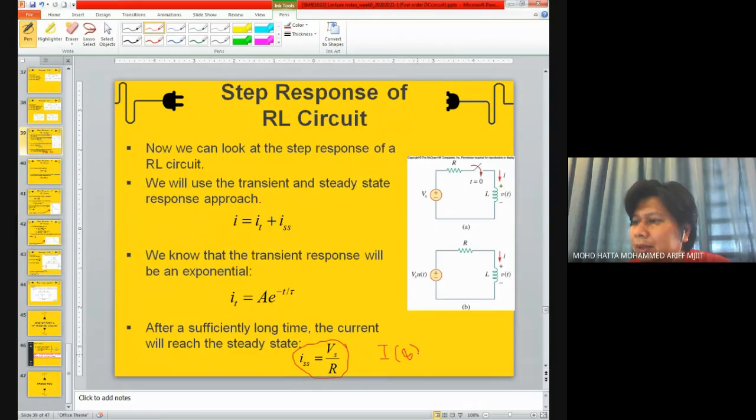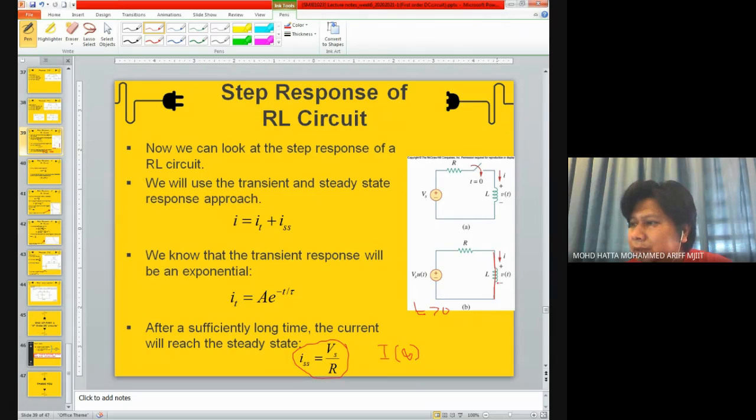During steady state, what happened to this circuit? For example, this is for t greater than 0. If t goes towards infinity, this inductor will be a short circuit element.